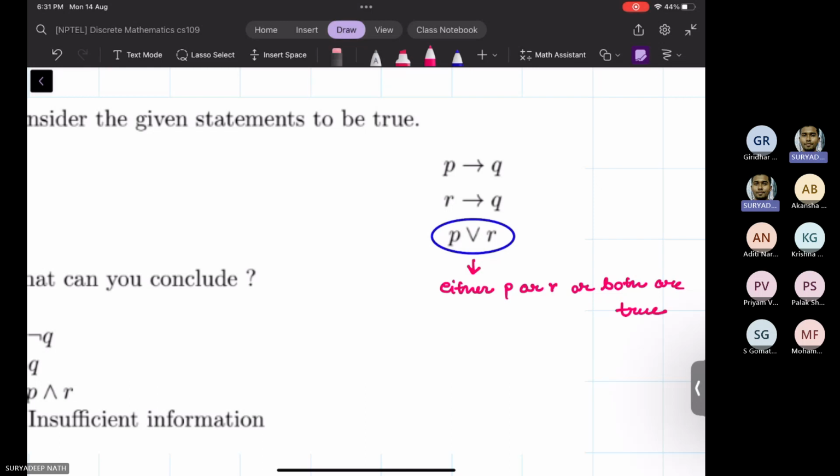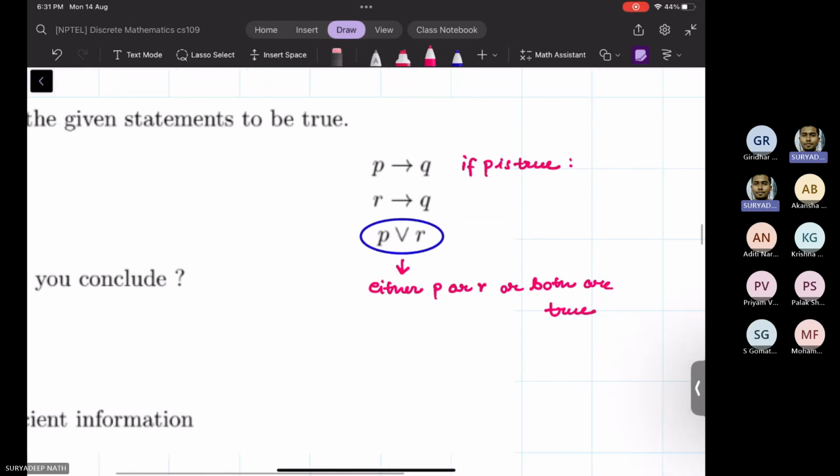Now, if we go back to these implications, it says that P implies Q. If we assume that this statement is right, that P implies Q, and if P is true, what do you think will happen to Q, whether Q is false or true?